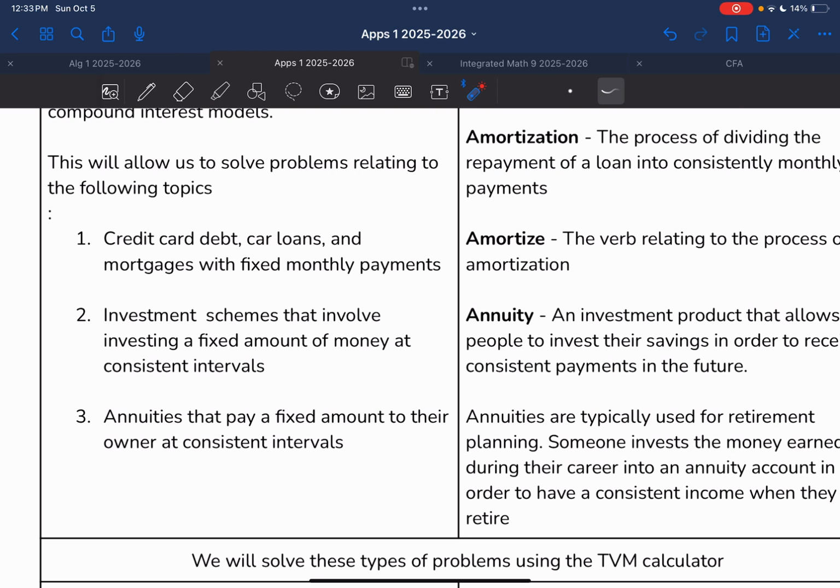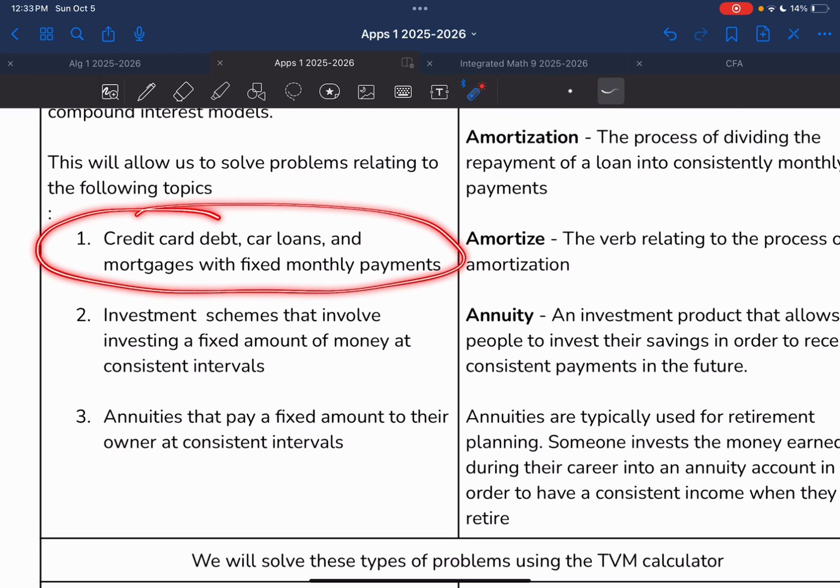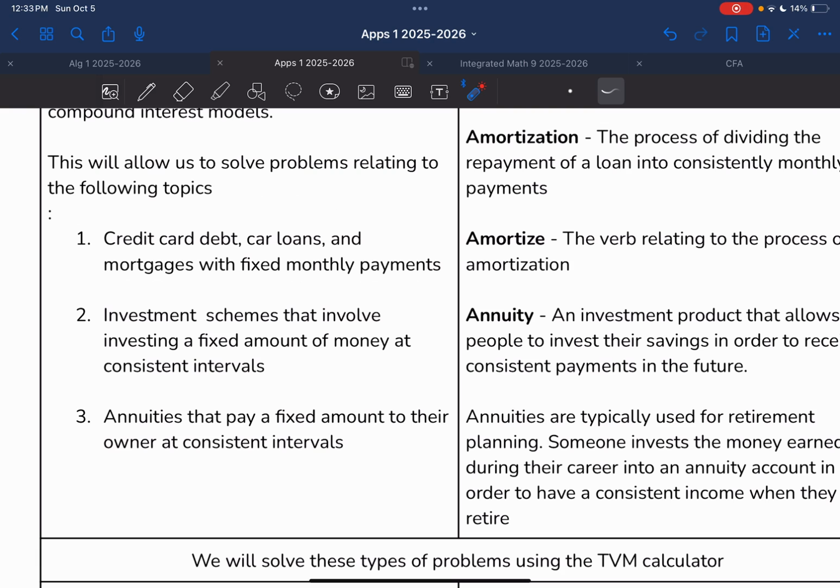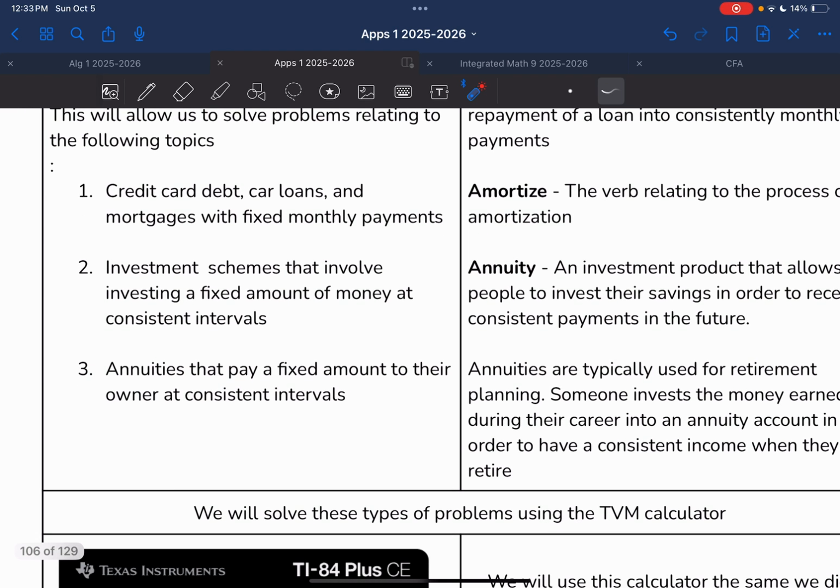So some of the ones you'll talk about would be car loans or mortgages, or if you're trying to pay off your credit card debt with fixed monthly payments. We can model all that using amortization, or the math we're going to use to understand amortization. Investment schemes that involve investing a fixed amount of money at consistent intervals.